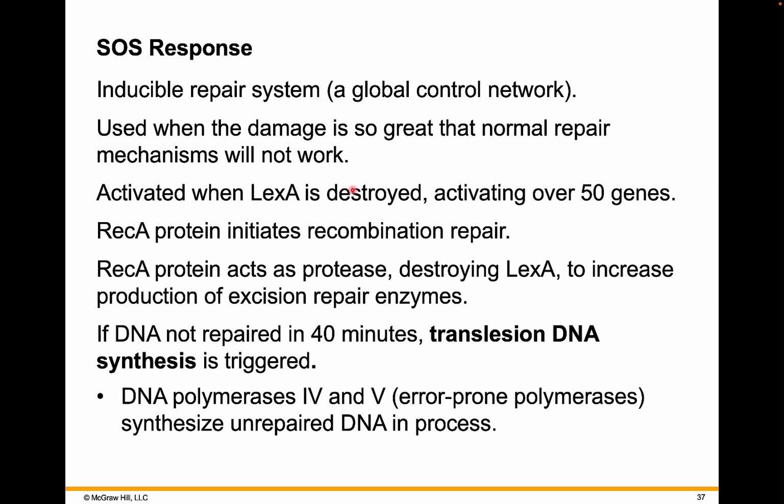Usually when this happens, the DNA is fragmented in such a way that it is beyond normal repair. At that time there is a protein, RecA, the recombinase protein, which also has a protease function, and it is activated.